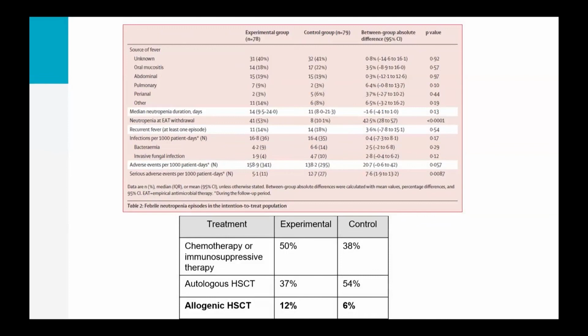This top table points out the different sources of fever in these patients, which aligns with previous data, with the majority being unknown. There was also no difference in infection rates between the two groups. And then the bottom table points out that the study population was mostly heme and not allogeneic stem cell transplant patients.